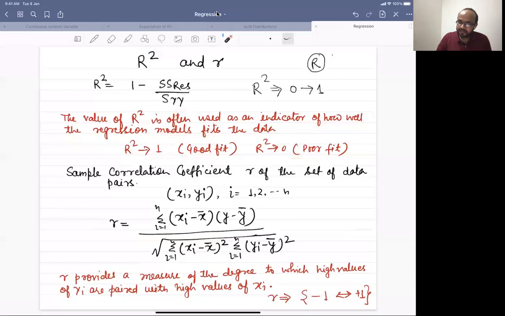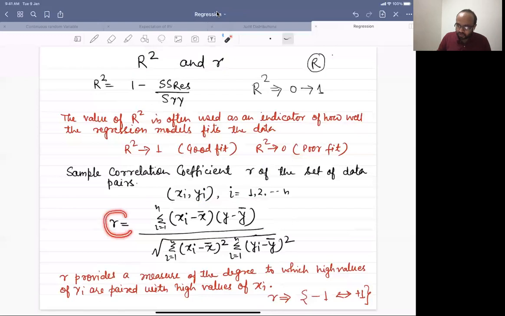On the other hand, this quantity small r is defined as the sample correlation coefficient of the set of data which you have. We have a paired set of data, xi, yi, where i goes from 1 to n and n is the total number of observations.